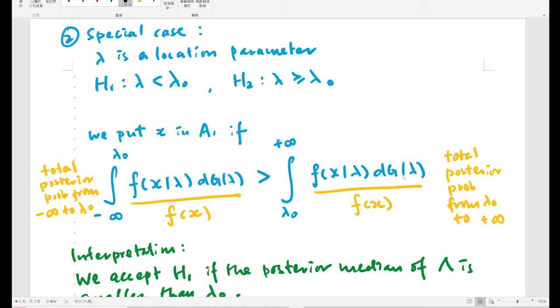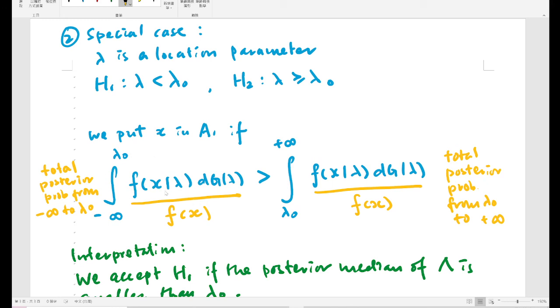So a straightforward conclusion from the previous page. And now pay attention to the orange color. I divide both sides of the inequality by the marginal density, and then the whole thing becomes the total posterior probability in the interval.